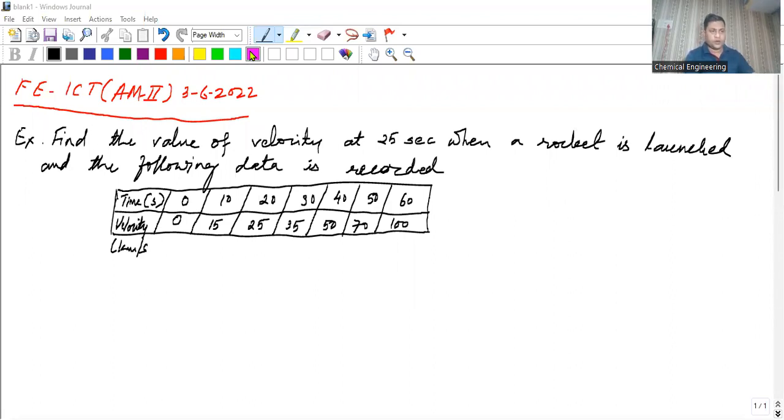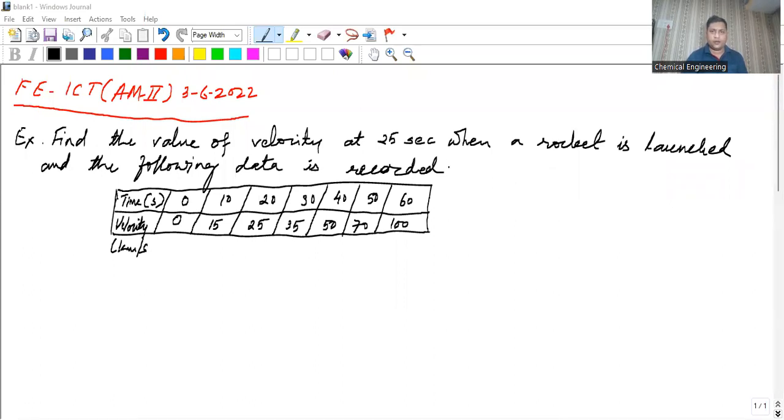Yes, sir. Okay, so what is the example given to us? See, a rocket is launched, and then its velocity is recorded in the interval of 10 seconds. Okay, and then we want to know what was the velocity at the 25th second.